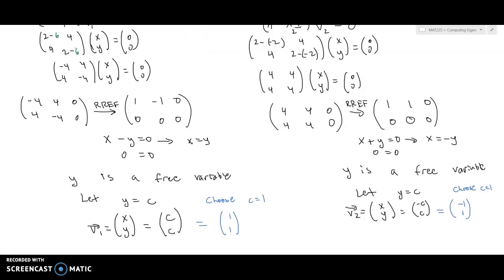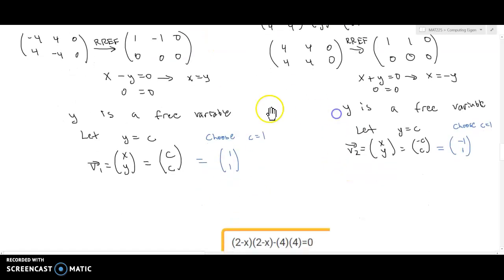Also, and this is just an extra side note here, if you did want to check that Av will produce a multiple of v for v2 and lambda 2, you can do the same thing for v1 and lambda 1. In this case, our A matrix was 2, 4, 4, 2.